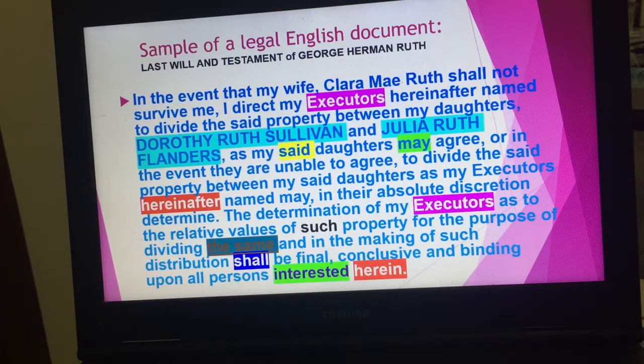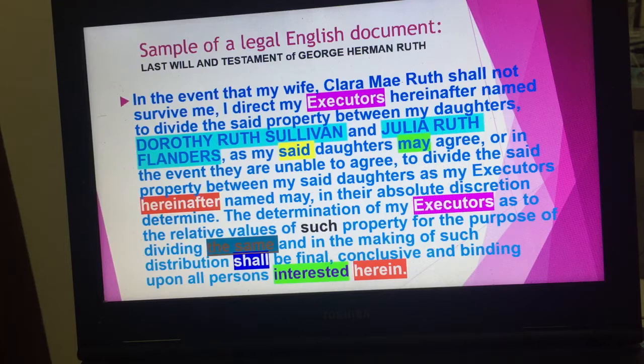"Interested herein" is an adjective to the words "all persons." Herein means in this document, and the persons who are interested in this document, the persons concerned in this document.